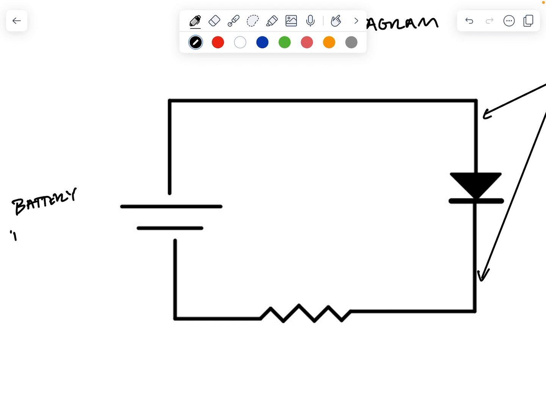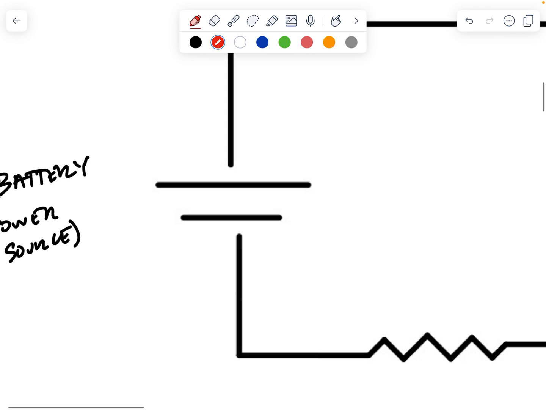or I guess maybe power source more generally, that is indicated by these two horizontal lines. Now, the longer line represents the 5-volt side of the system, also called the power side or the positive side.